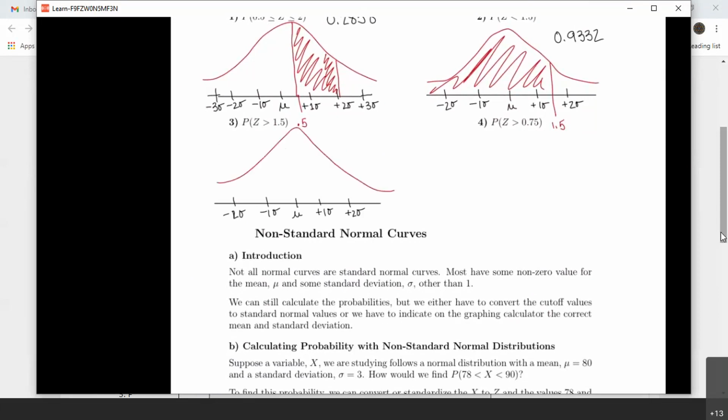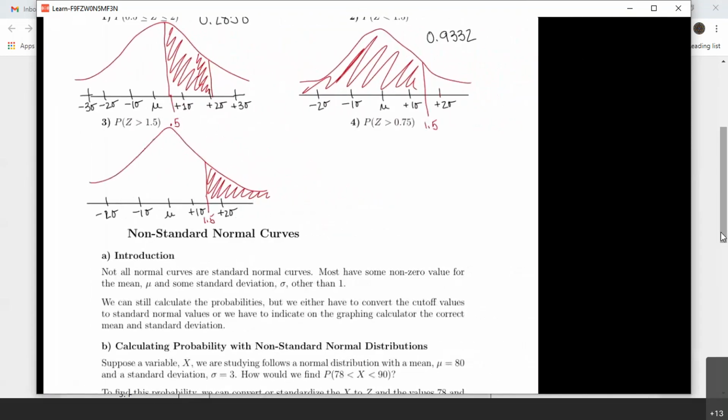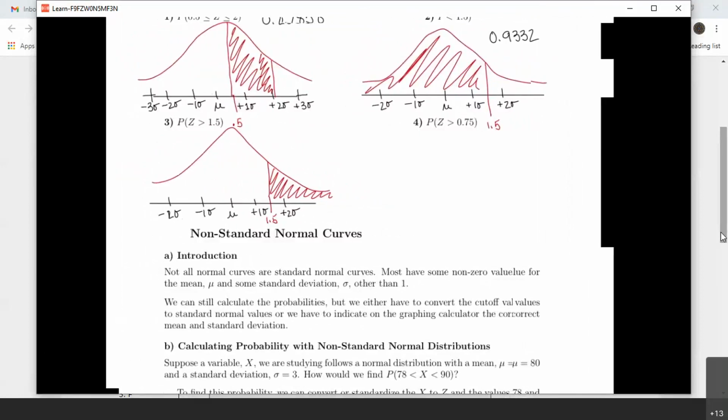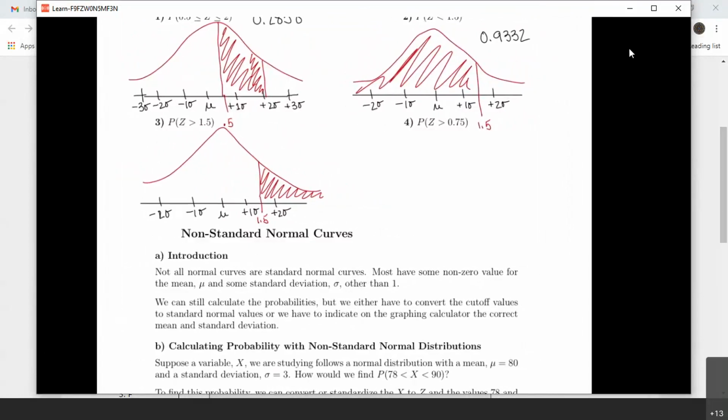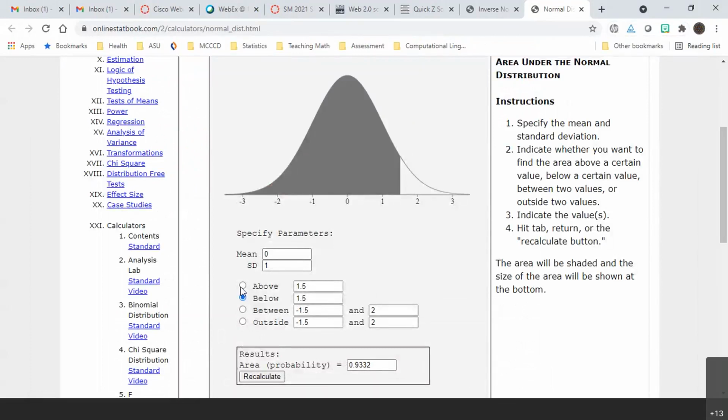Again, it's too pointy for a normal curve, but drawing is not my forte. So here is positive 1.5. This is going to be the remaining 6 or 7% of the curve on the other side. Again, if I go to my online calculator and I click above, you'll see I get 0.0668.